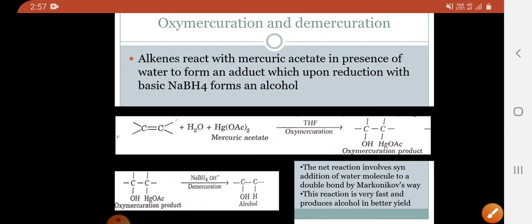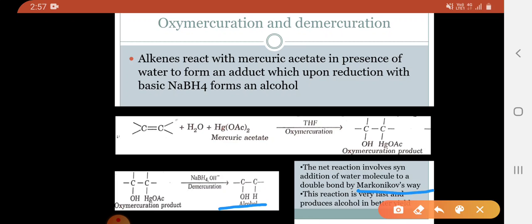This net reaction involves syn addition. What do we mean by syn addition? H and OH, in the form of a water molecule, are added to one side of a double bond. The net reaction involves syn addition of a water molecule to a double bond in the Markovnikov way.